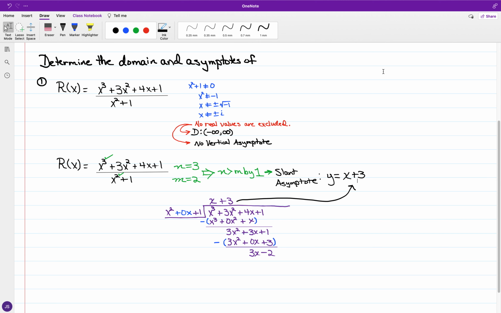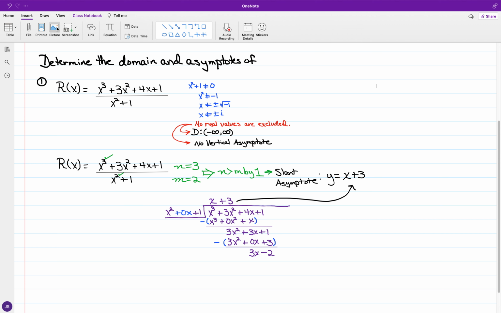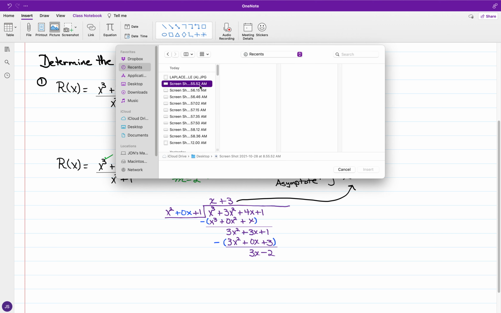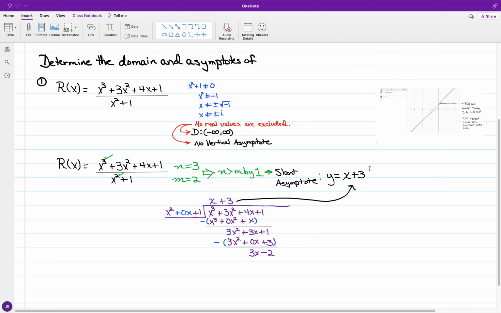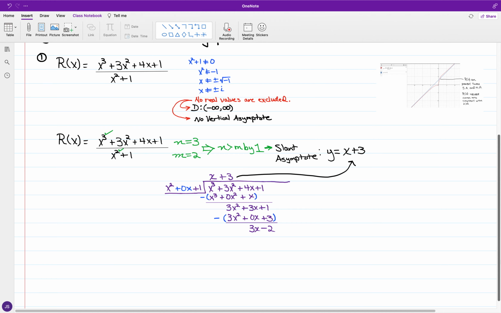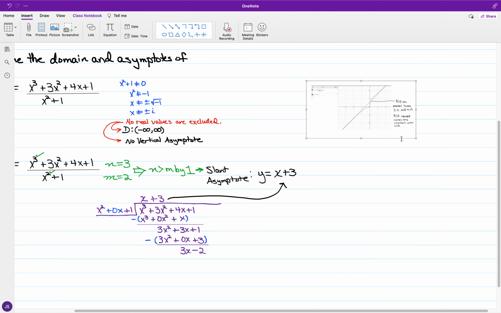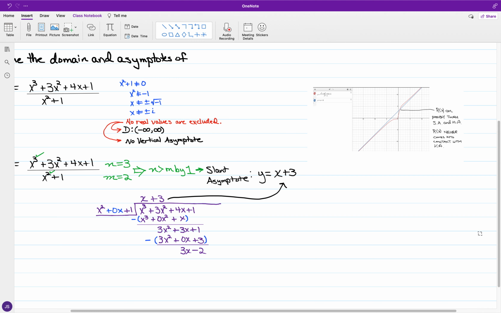And just looking at the visual layout for this function, I already had this set up, looking at the rational function itself.